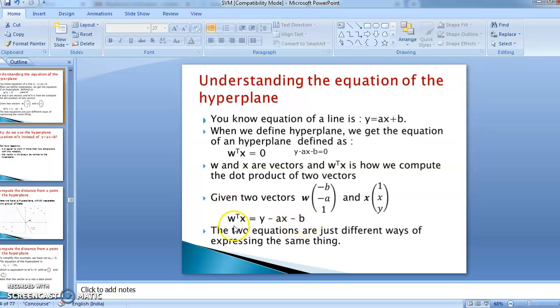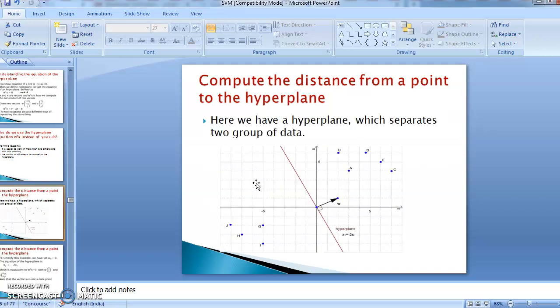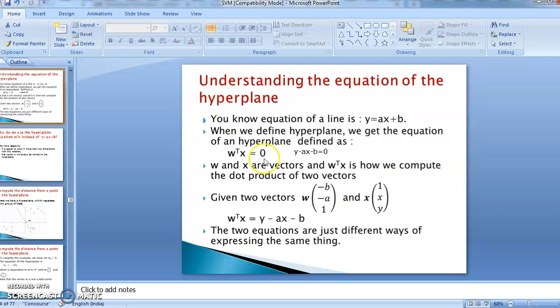If we are considering these as two vectors, then what are the coefficients? Here w and x are the vectors. What is the coefficient for y? It is 1. What is the coefficient for x? That is −a.